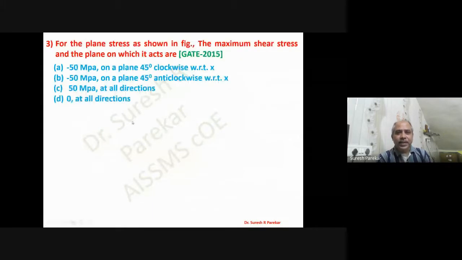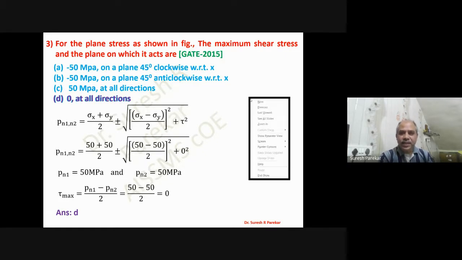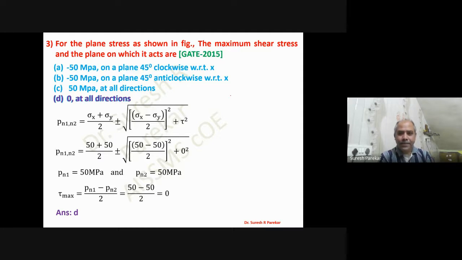Then, for the plane stress as shown in the figure, find the maximum shear stress and the plane on which it acts. This question was in 2015. Actually we have been given those values. If we go to the diagram, we have tensile 50 and this also 50.